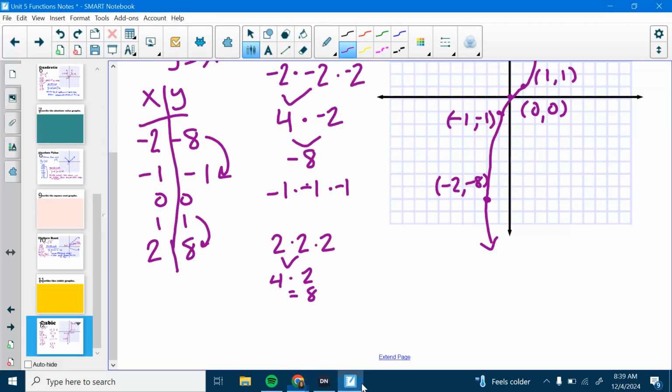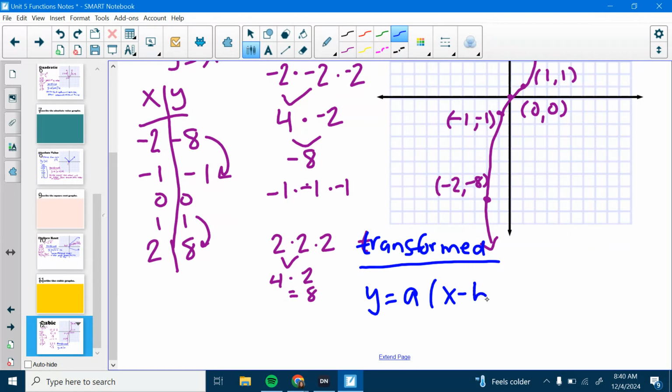It's just changing how cubic it looks, okay, or how stretched or skinny. So my transformed function, and maybe you've caught on to this, is going to be a times (x minus h) cubed plus k. So we always have this a, this h, and this k happening, and we're going to talk later about what each of those pieces do.